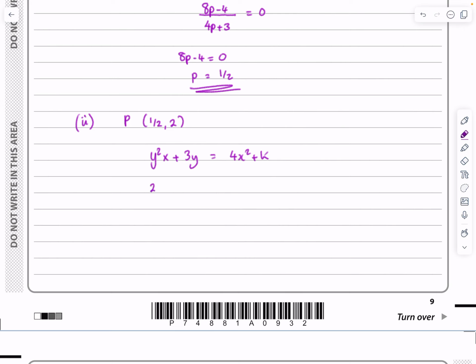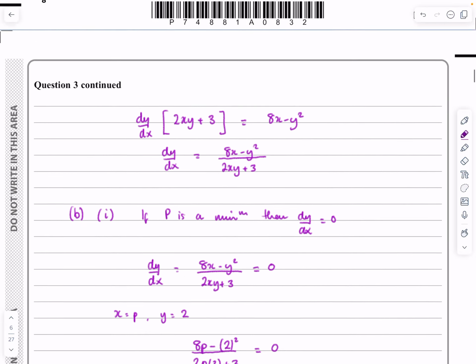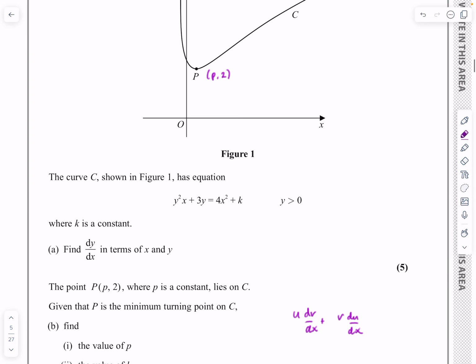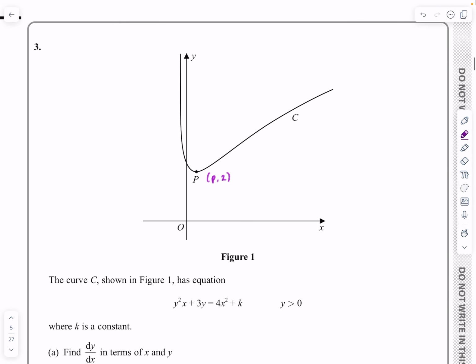So it's 2 squared times a half plus 3 lots of 2 is equal to 4 lots of a half squared plus k. This works out to be 8 is equal to 1 plus k. So in other words, k is going to be equal to 7. Right, okay, so hopefully that all makes sense to you. A fairly straightforward question.